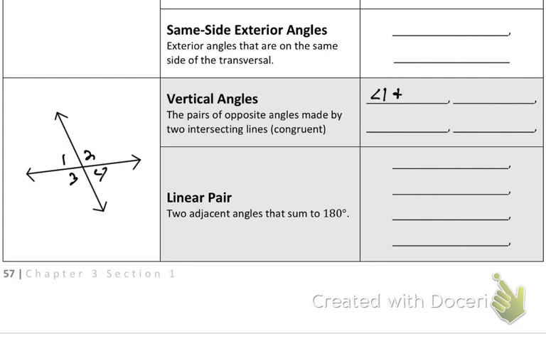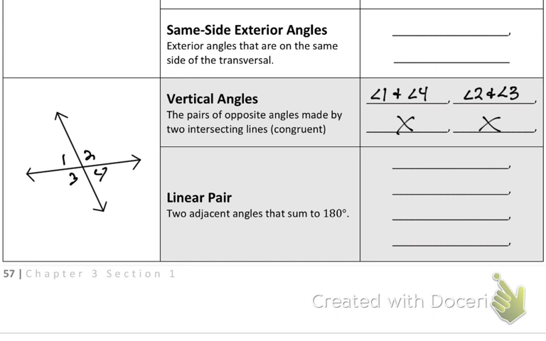So your example of vertical angles would be something like angle 1 and angle 4. The other pair of vertical angles would be 2 and 3. There are no other pairs. I just copied and pasted. I was going to use the other picture, but I like it like this better.